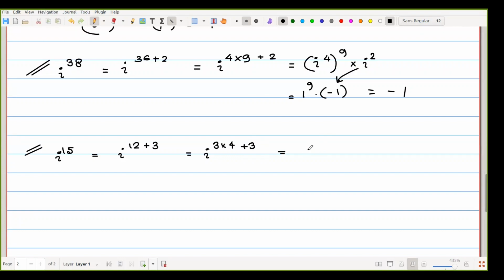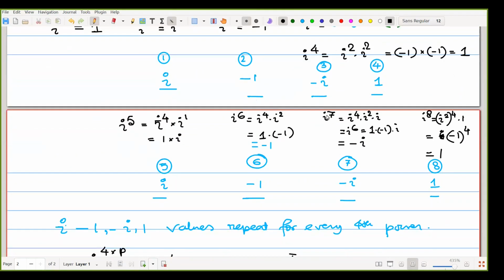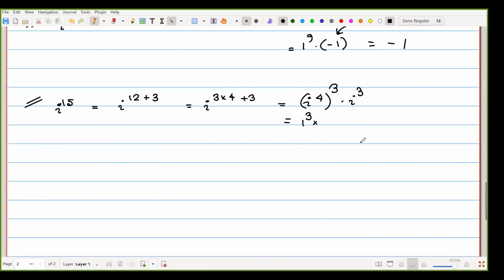That means i to the power 4 to the power 3 into i cube. So that one is 1 to the power 3. Now what is the meaning of i cube? Check. i cube means minus i. So we are writing that i cube as directly minus i. So it is becoming minus i.